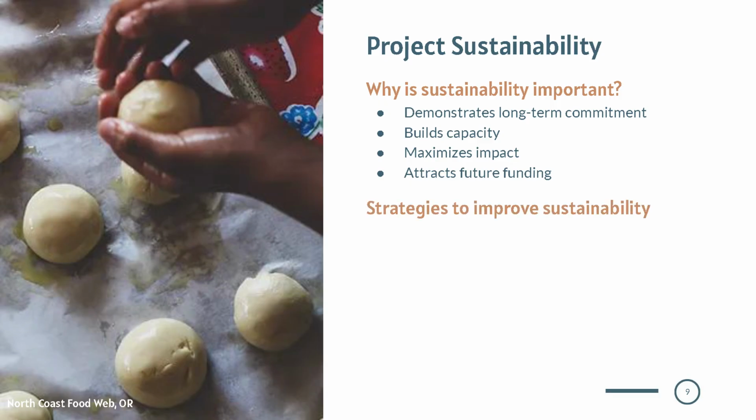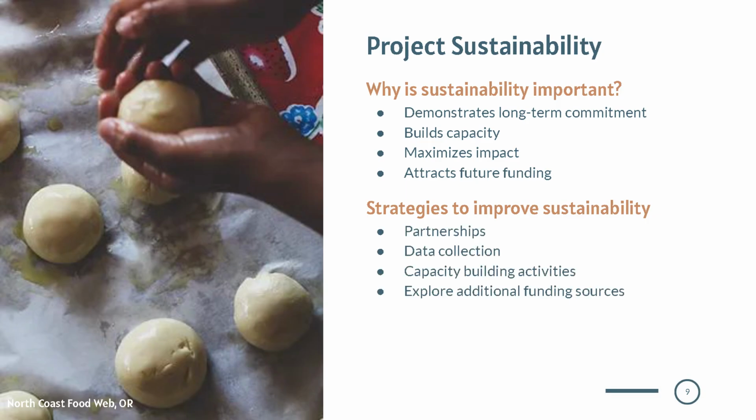Some strategies to improve the sustainability of your project include establishing strong partnerships, collecting data in order to evaluate progress and identify areas of improvement, building capacity by implementing training and mentorship to staff and community, and exploring other sources of funding, including fundraising, sponsorship, and in-kind donations.